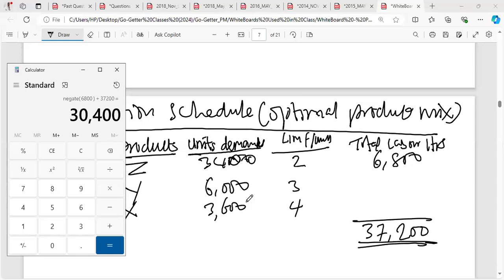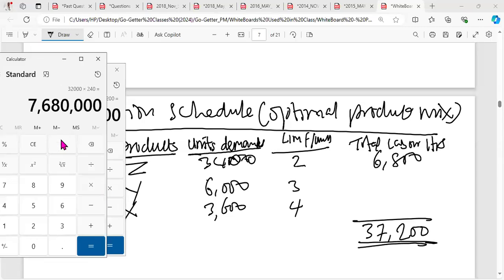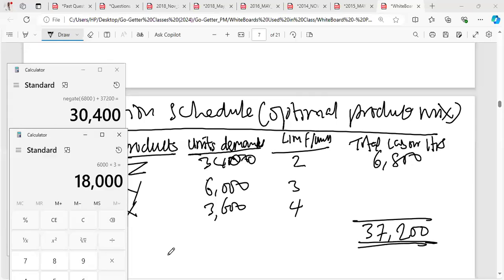The next one here is 6,000 multiplied by 3, that gives me 18,000. Now 18,000 is smaller than 30,400. So we'll put our 18,000.